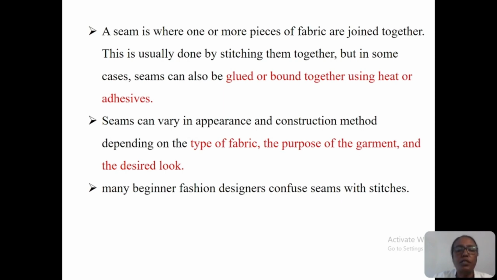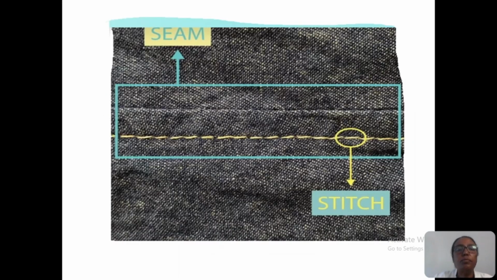Many beginner fashion designers confuse seams with stitches. You will see seam and stitch. This line is the seam, and the single unit, this one, the yellow circle, this up to this is a stitch.